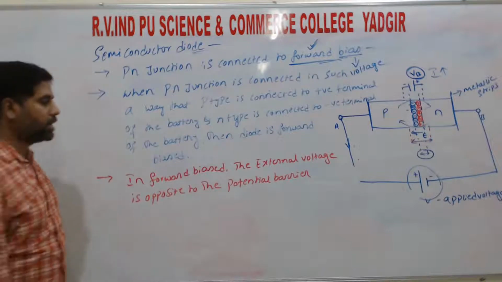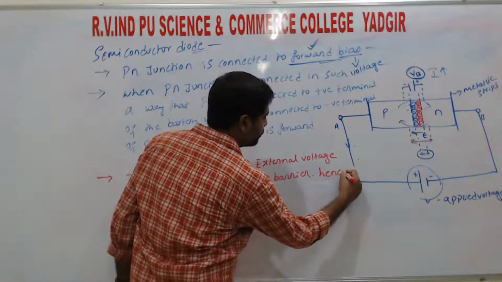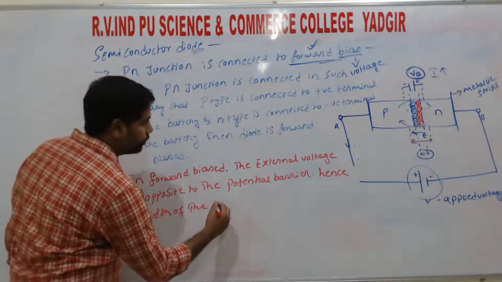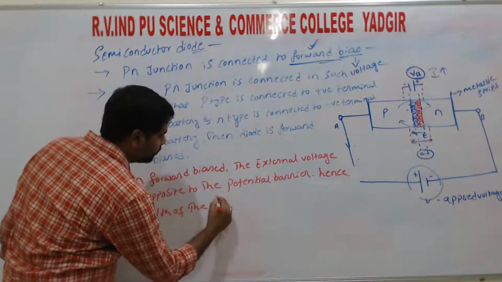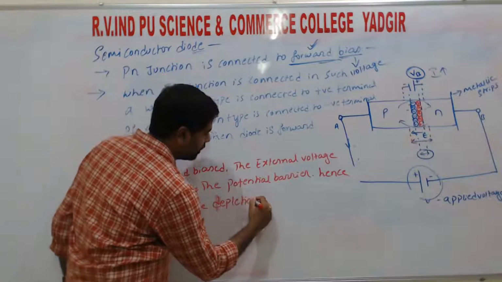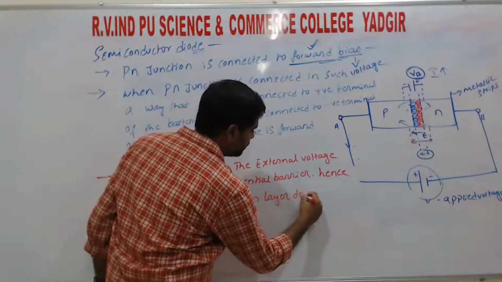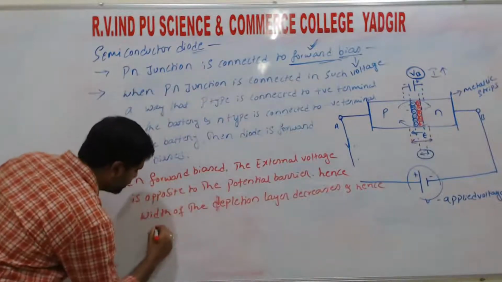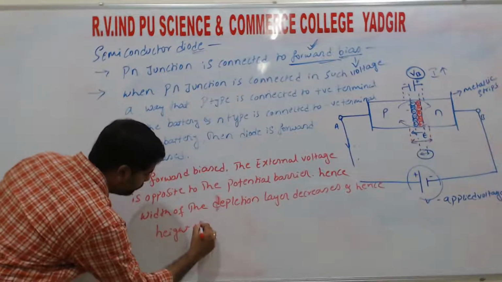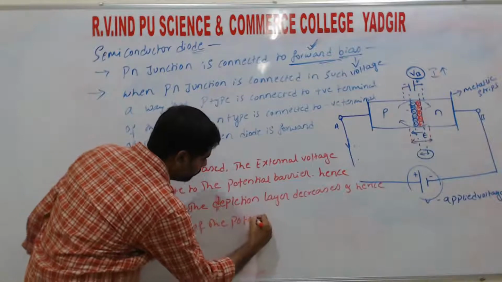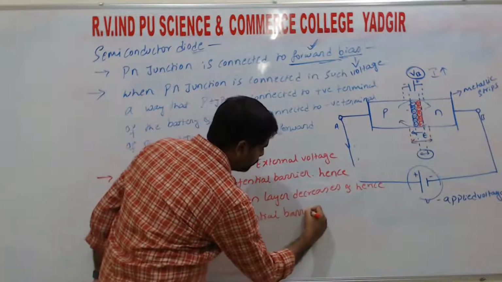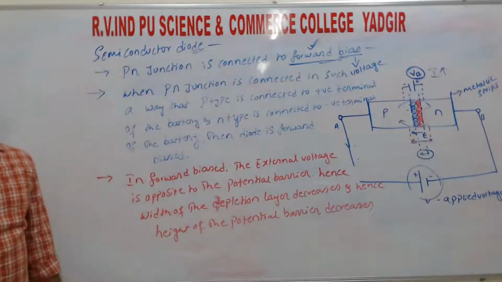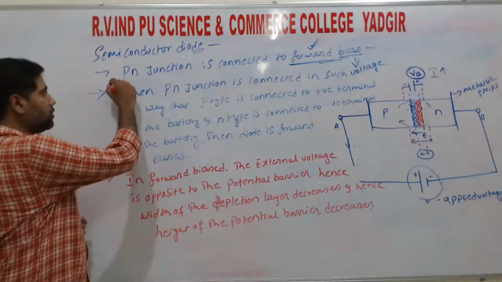Opposite to the potential barrier, hence the width of the depletion layer decreases, and hence the height of the potential barrier decreases. So this one is the second point. So this one is the definition of the forward bias.